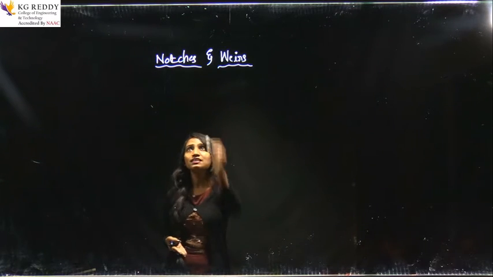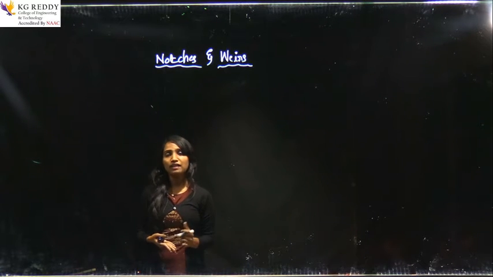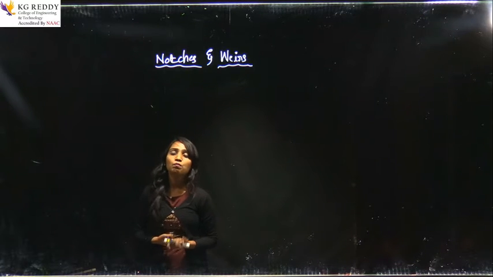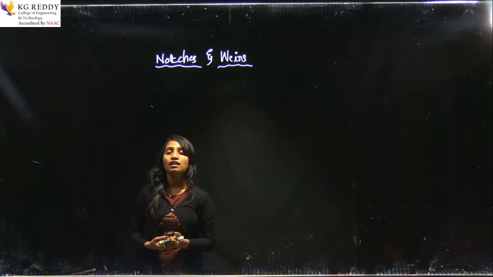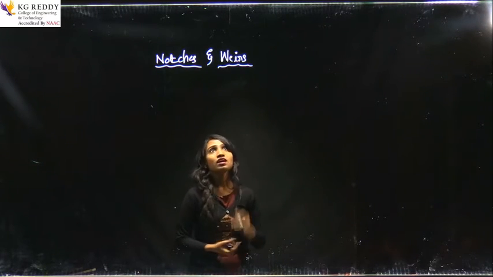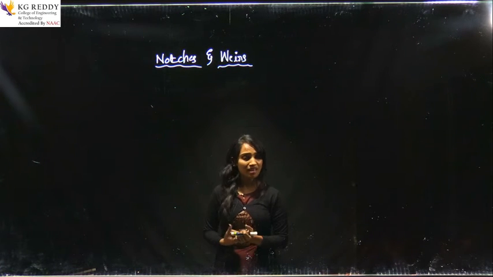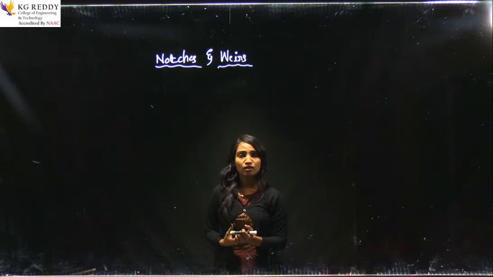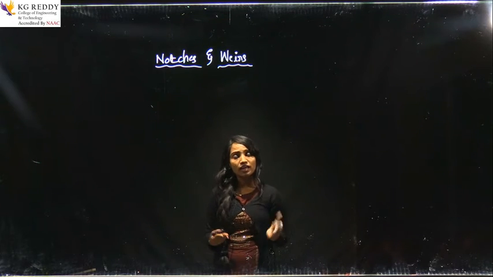The difference is that notches, 90% of the time, are metal pieces. These are devices mostly used in laboratories, just to get some pilot readings. And the weirs are what we implement in real-time applications like dams across the broad opening, the large scale implementation.